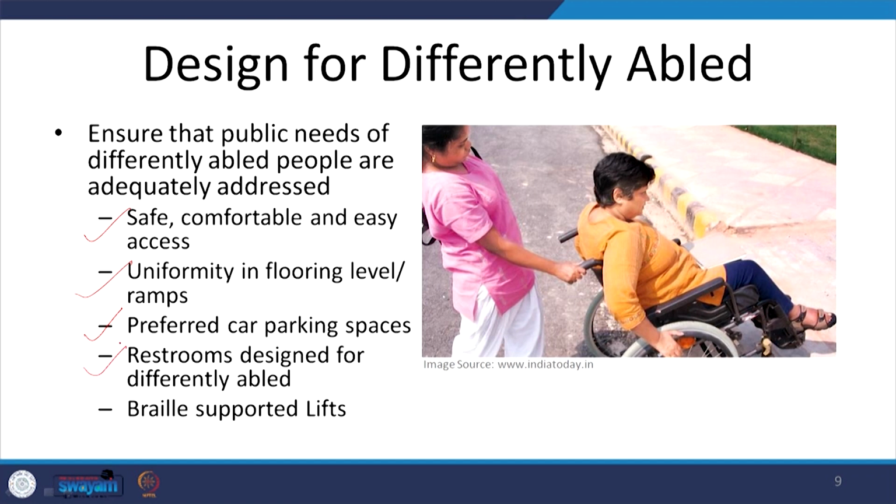There should be special restrooms designed for differently abled people in public buildings, commercial buildings, offices and other institutional buildings, and braille supported lifts. Some of these measures may be present in different green building rating programs, may not be present, but they form an essential part of sustainable building, sustainable architecture.